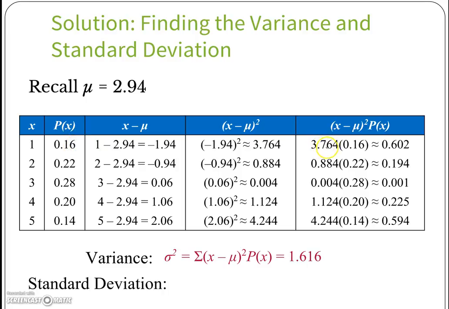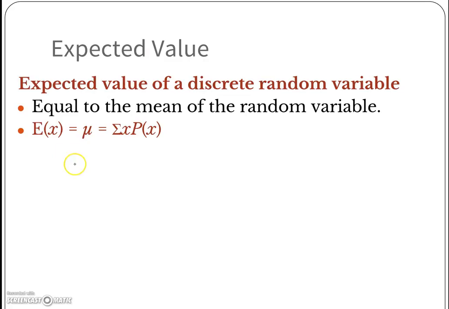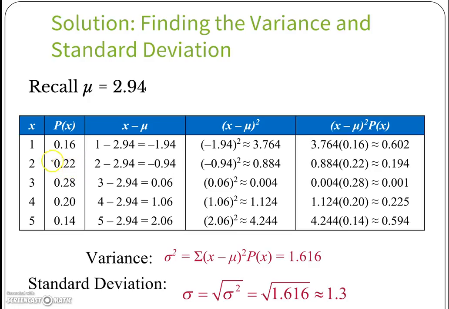So you have 3.764 times 0.16. The next one, you take your x minus your mean squared, and we're going to multiply it by your probability of your x. So we multiply all of those together.